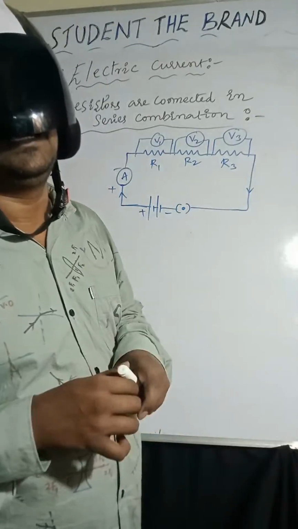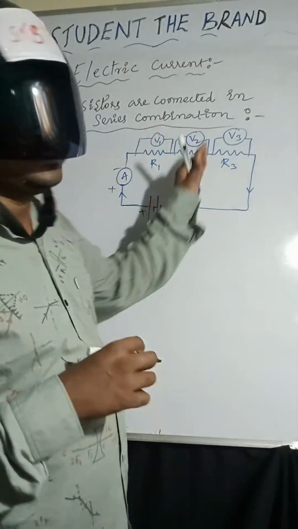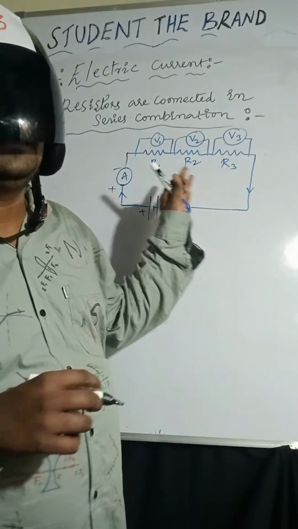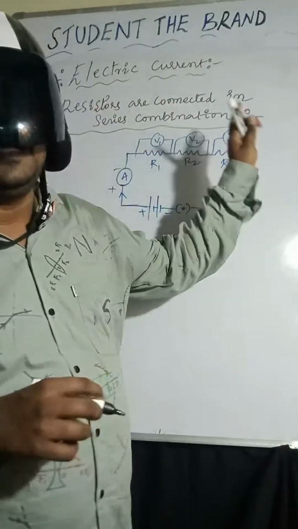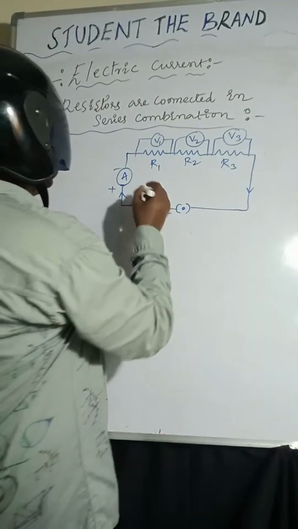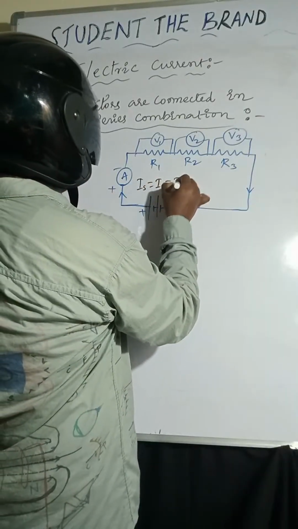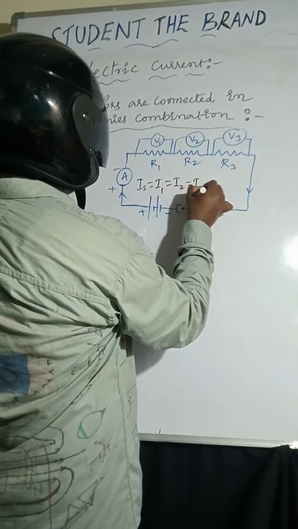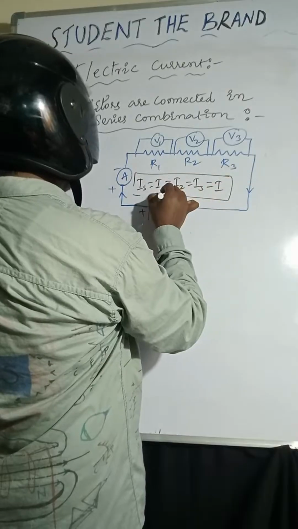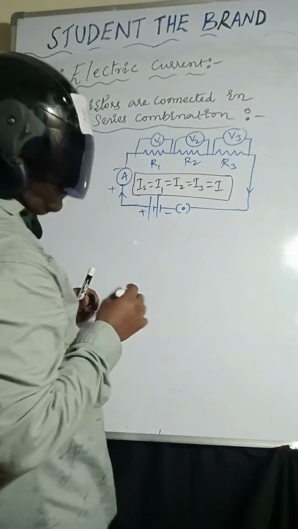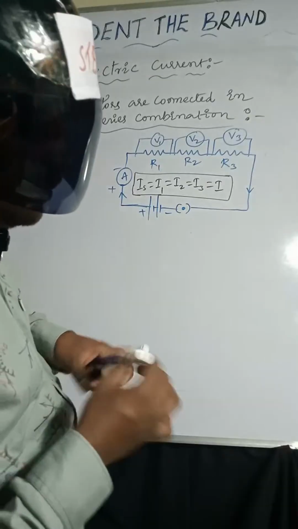Now you can see here, resistors are connected in series combination, which means throughout the path the current is the same. So that's why Is equal to I1 equal to I2 equal to I3 equal to I. Now V equal to IR, I am taking.